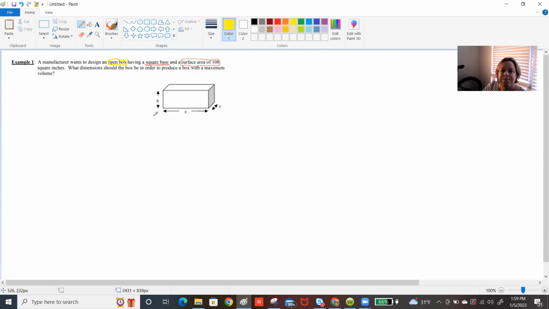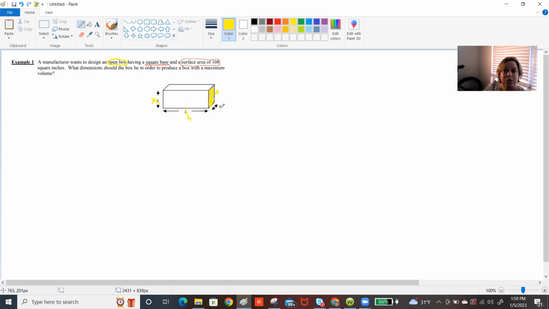So what does that mean? Well, it means that one of these sides, the square box, right? This drawing is kind of misleading, right? Okay, so I'm just going to go ahead and change this to H and this to X, right? So that we have one of these sides, one of the bases, okay, is not there.